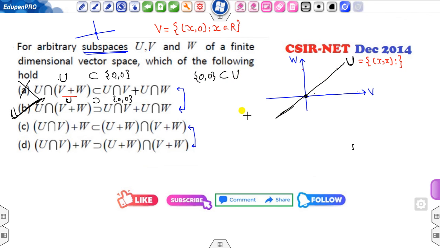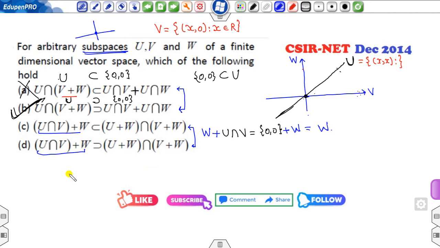Now look at the third option, third and fourth. What is the U intersection V? U intersection V is only (0, 0). If I add W, what is that? W is this (0, 0), that's itself the complete W. Fine. The left hand side is W. What is U plus W?